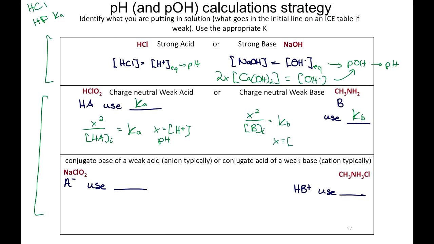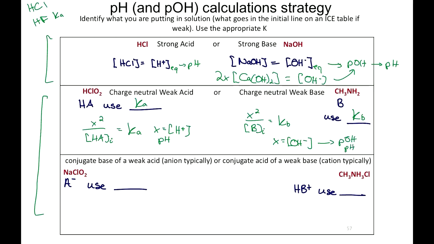Is it H plus still? Nope, it is hydroxide concentration because we used a Kb expression. All of the pH calculations will take this form. It's just the x identity changes and Ka versus Kb, you need to make sure you're using the right one. So if you get hydroxide concentration, you can calculate pOH and then pH.